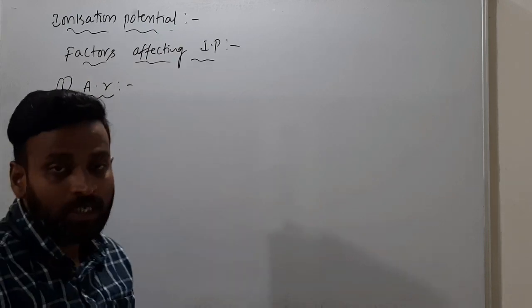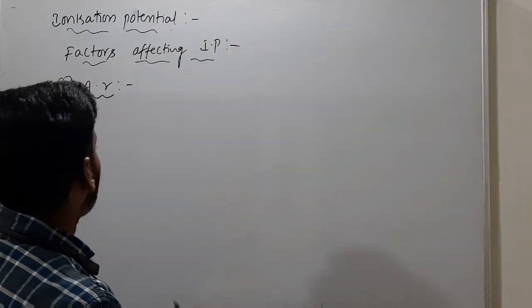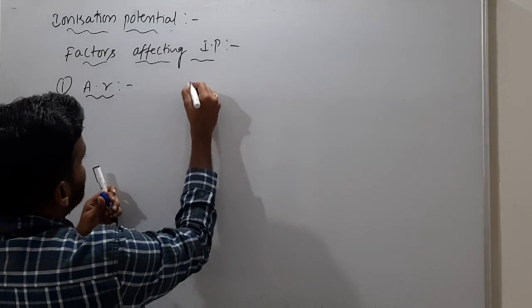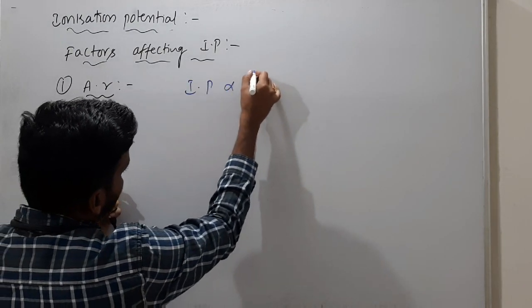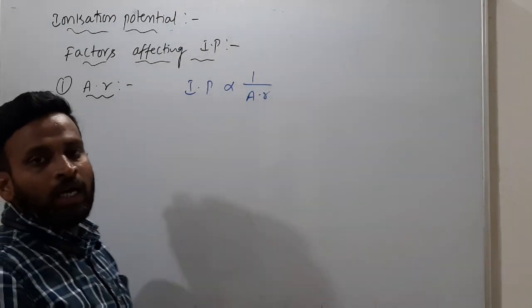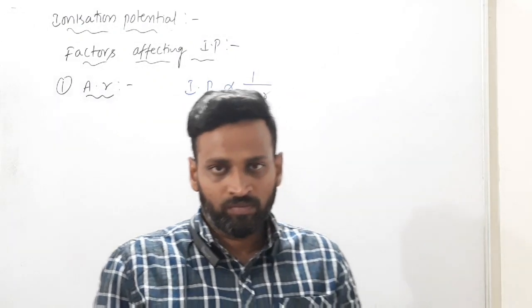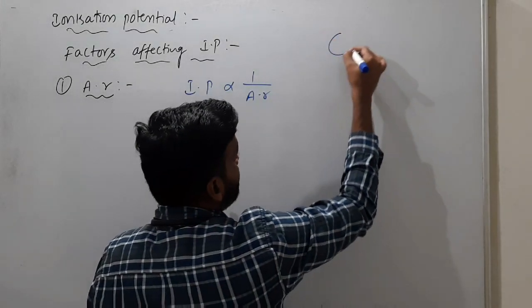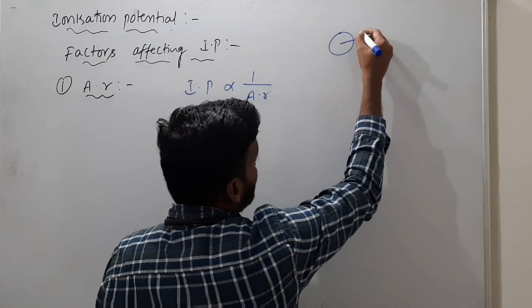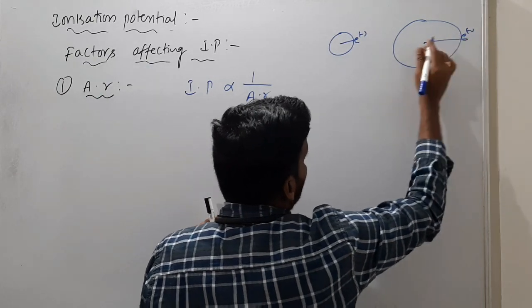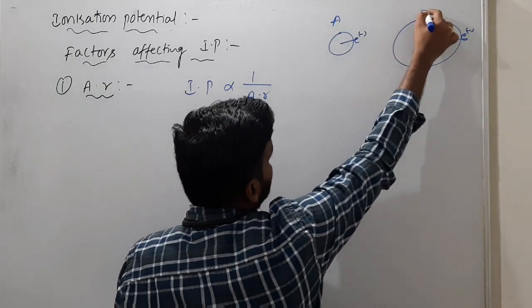As I said previously, ionization potential is inversely proportional to atomic radius. If radius is more, distance is more. Suppose here you have to remove an electron, and from here you also have to remove an electron. This is atom A and this is atom B.